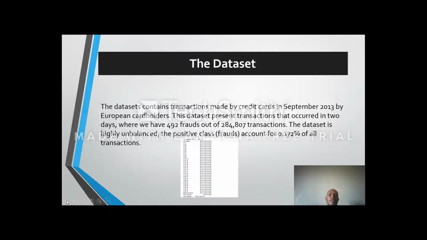As we can see, there is a huge imbalance between the target class, which is fraud, and the total number of observations. So the imbalance is something that you need to work on for effective model deployment.